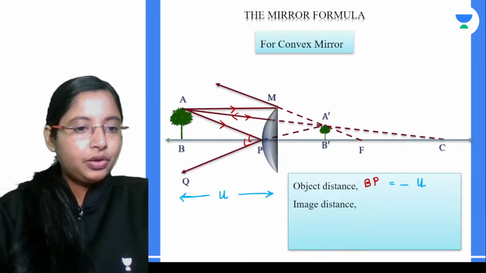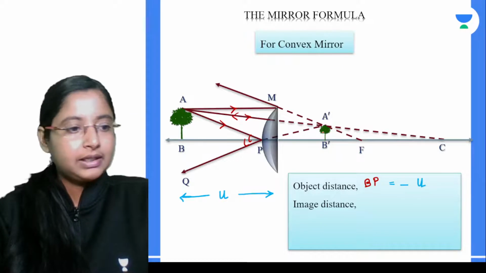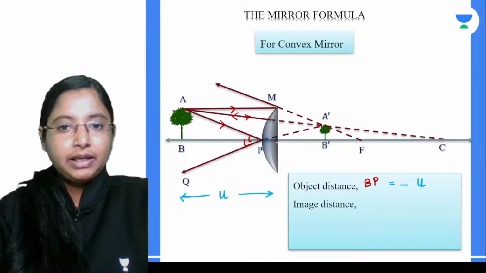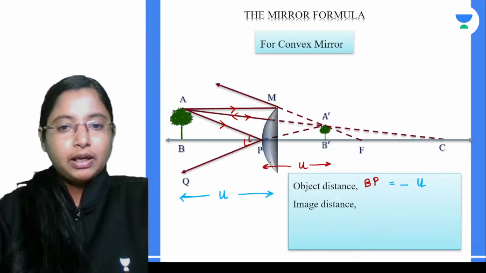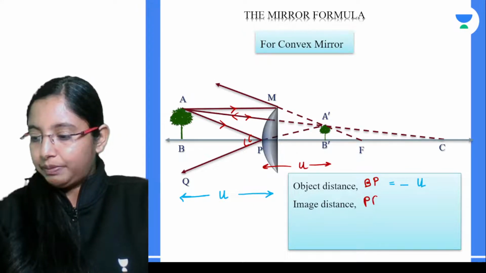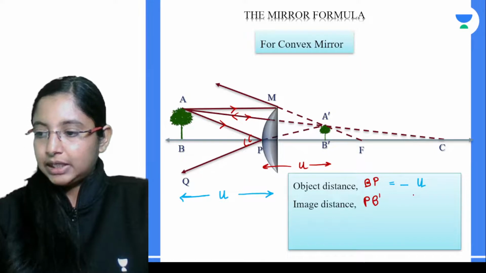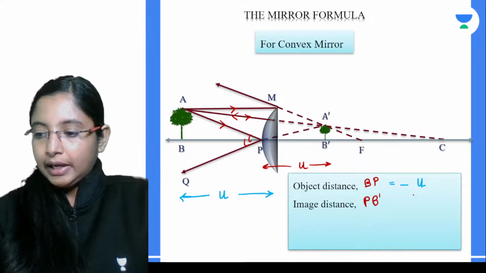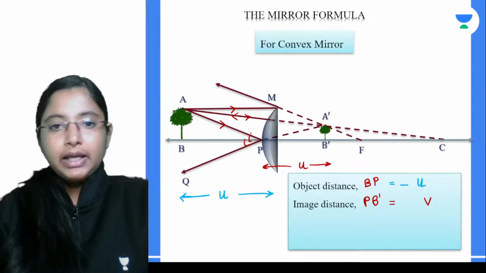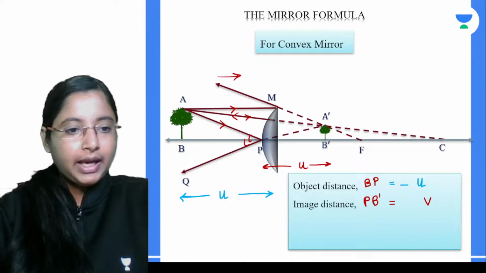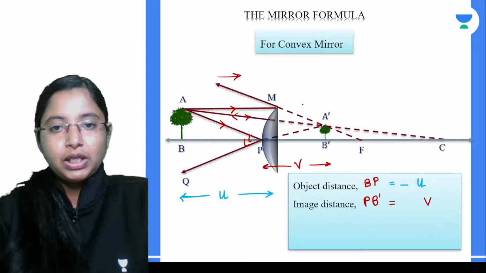The next distance that we are going to see is the image distance. The image distance is from the pole to here. This is the image distance, that is BP dash, and BP dash is nothing but V. This is the incident ray direction, and for the image distance we are going in the direction of the incident ray, so it's positive.